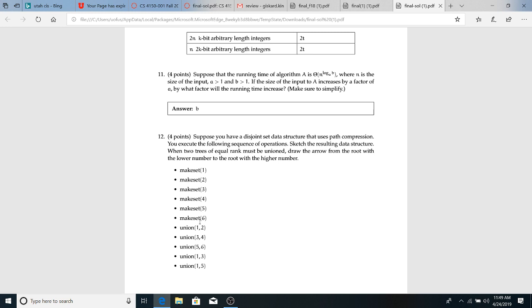So if I were to merge two sets where one has degree 2 and one has degree 1, it will always point to the bigger one. The only time you have a decision to make is when they have equal value. So if they both have degree 2, you're going to need some other unit of comparison to see which one points to which.